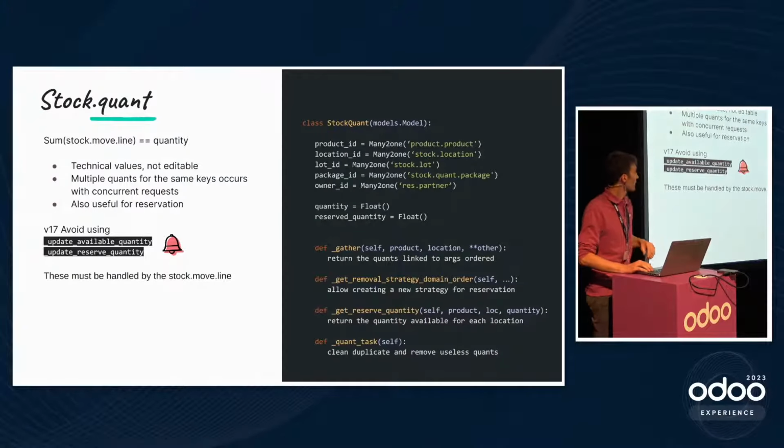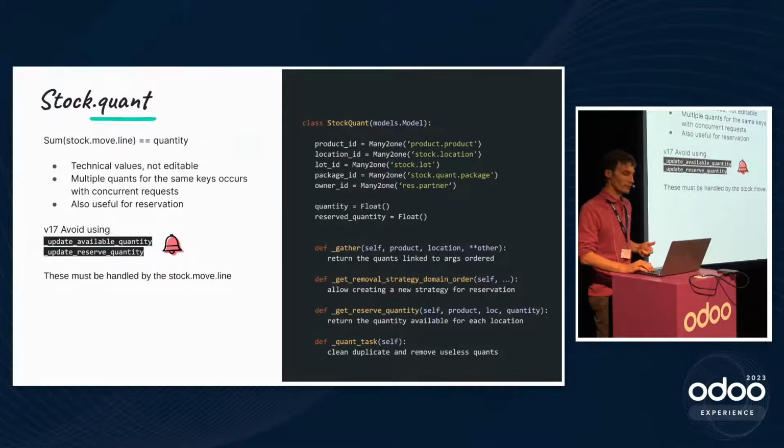So let's see the class for a stock quant. As I said before, we can find the same keys as the stock move line: the product, the location, a lot, a package, an owner, and the 2 quantity fields. And here are some important methods we have on stock quant.